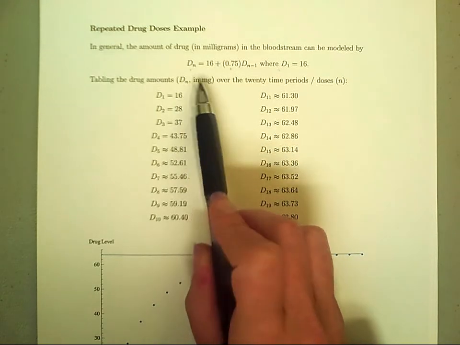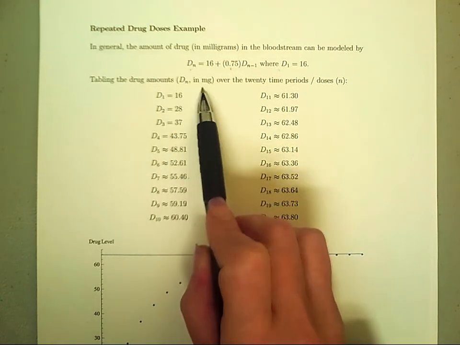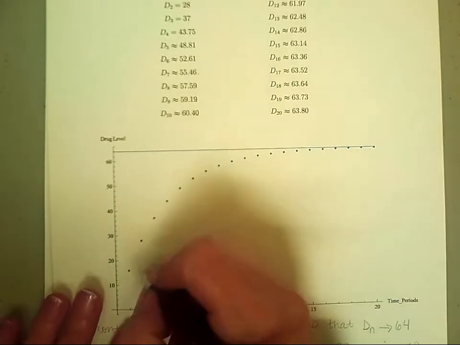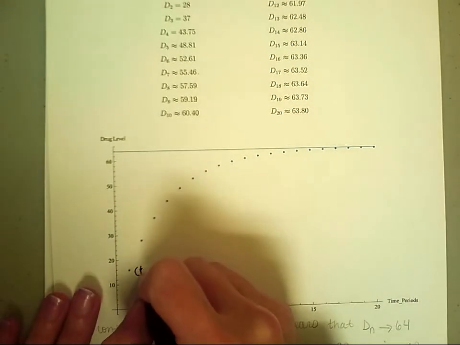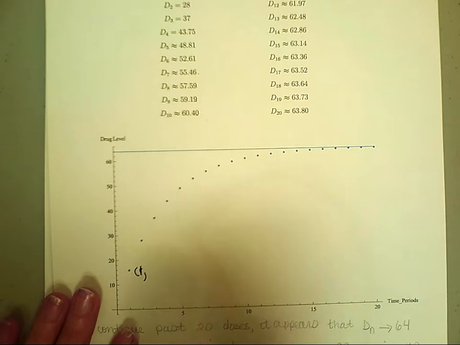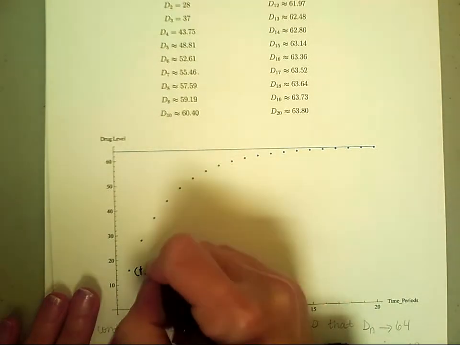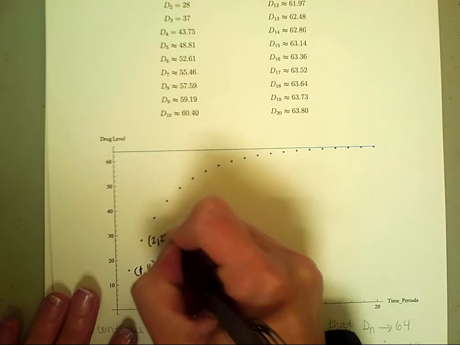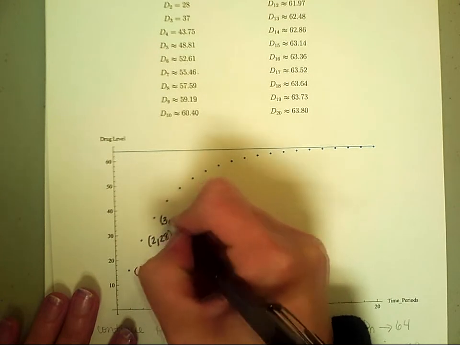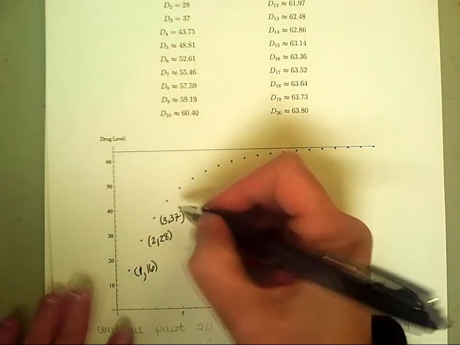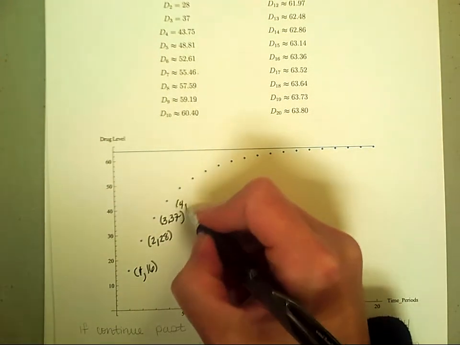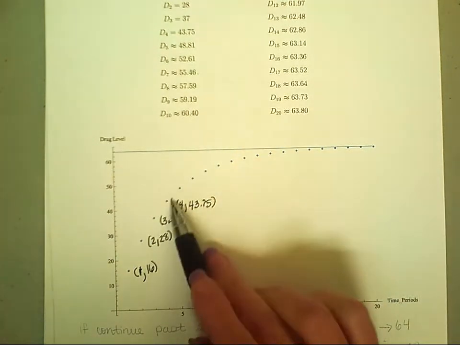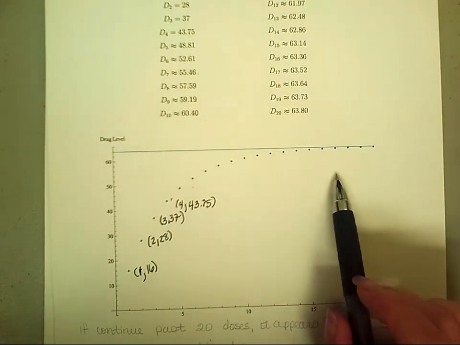Our first dose is the point n equals 1, and there was 16. On the second dose, there's 28. On the third dose, there's 37. On the fourth dose, there's 43.75, and so on. That's how we plot each of these points.